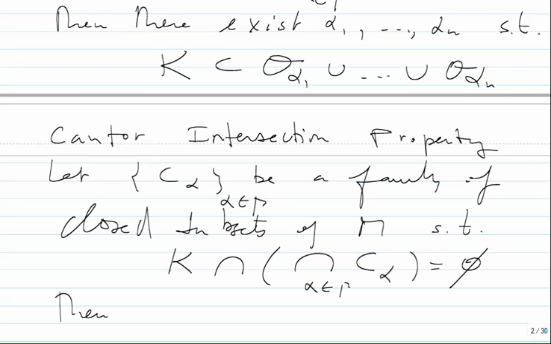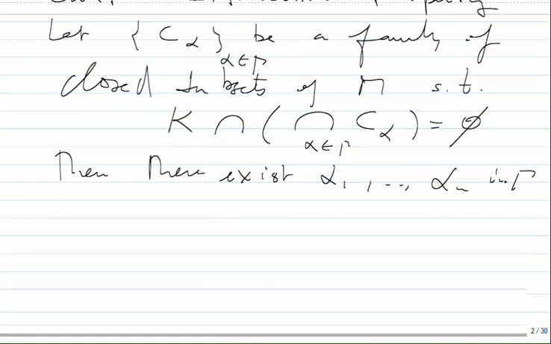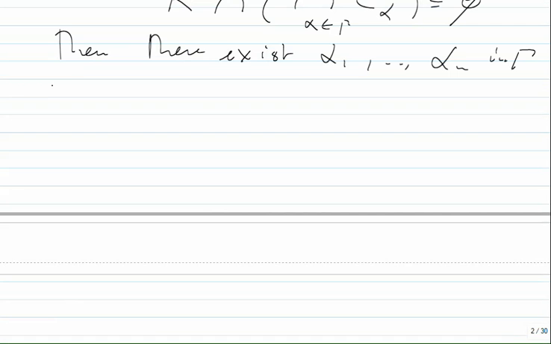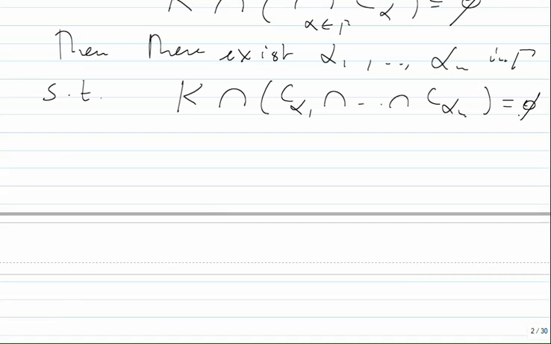Then there exist alpha_1, ..., alpha_n in Gamma such that K intersect C_alpha_1 intersect ... intersect C_alpha_n is empty.